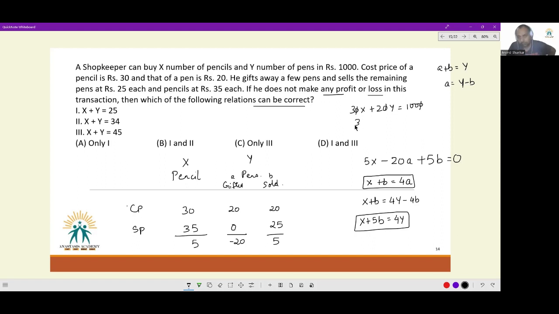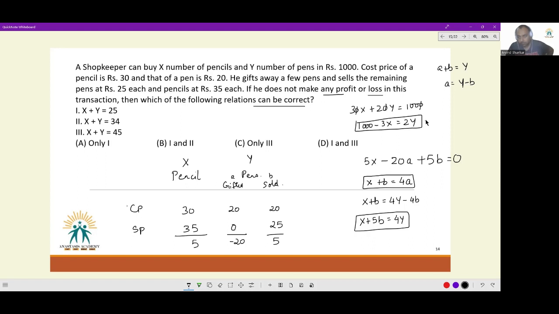I can now have 3x plus 2y is equal to 100. Why I am making this expression is I can replace 2y here directly in terms of x. Sorry, 4y.